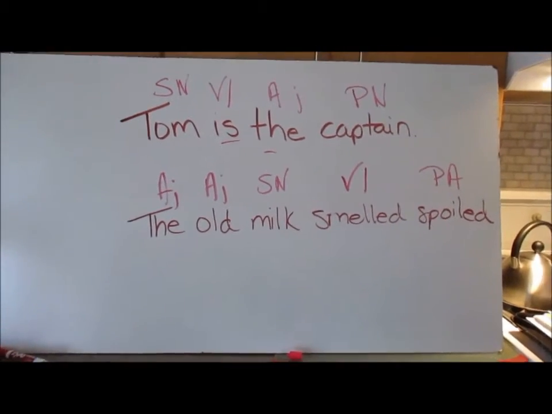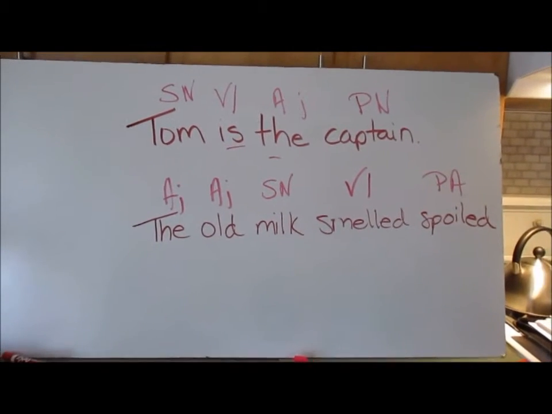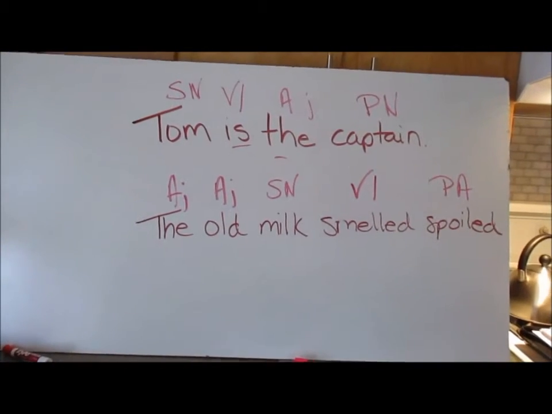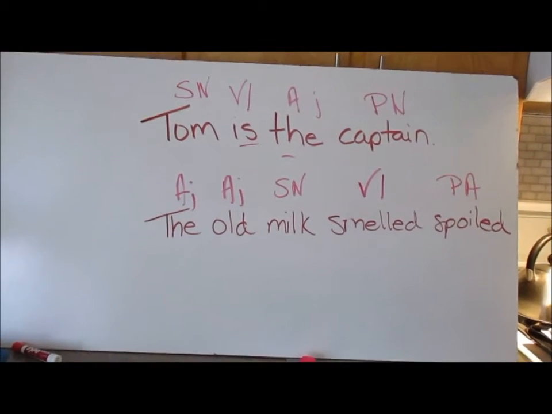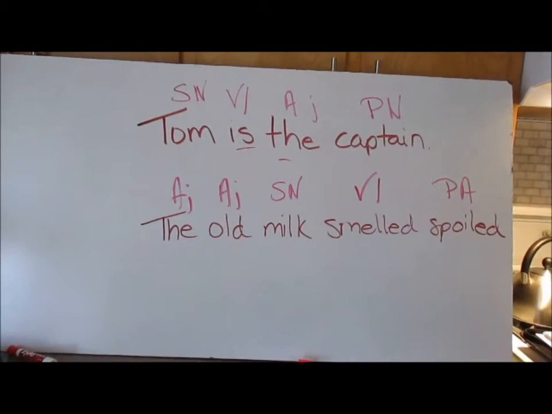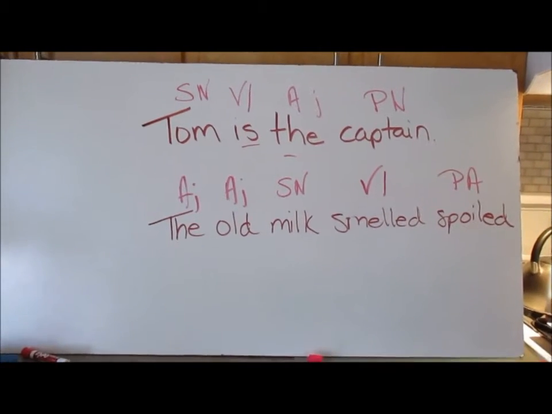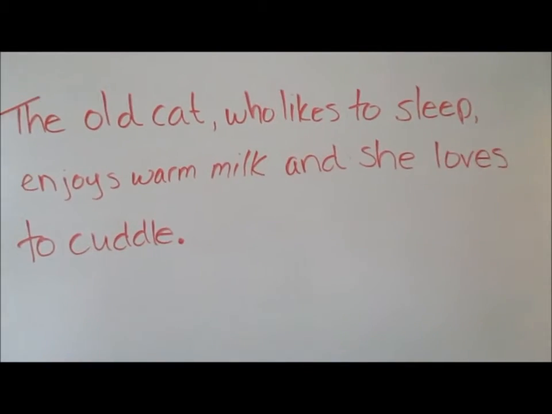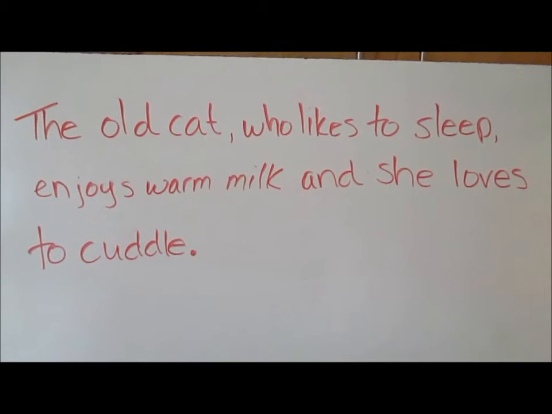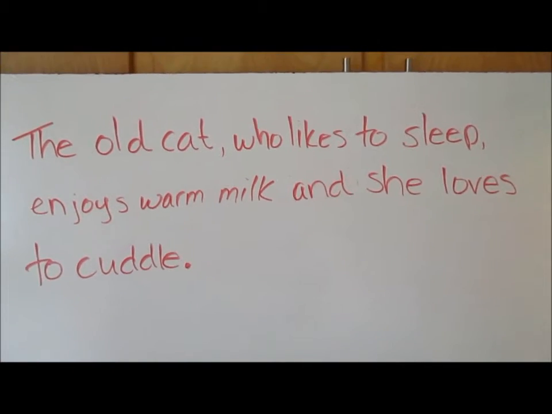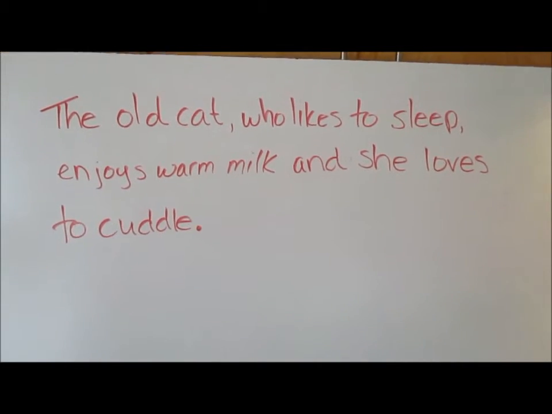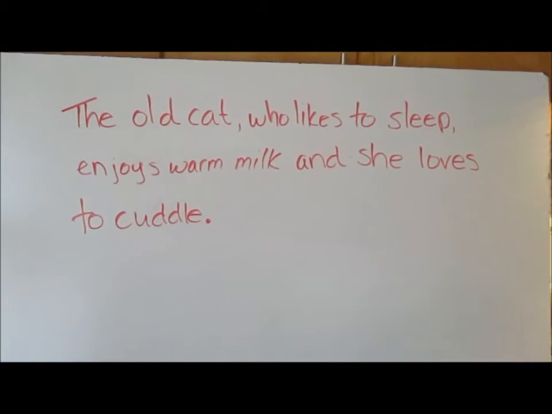It's crazy. Okay, I'm going to go get a couple sentences for compound complex. We're going to go through that real quickly, and you guys can continue practicing those through your analytical task sentences. All right, so here is a very long sentence. The old cat who likes to sleep enjoys warm milk, and she loves to cuddle.